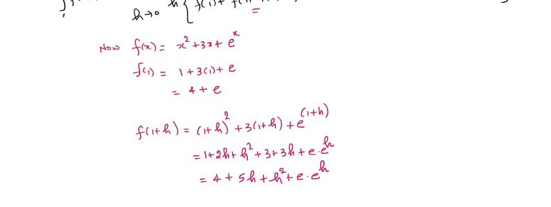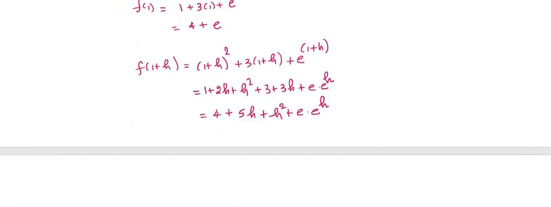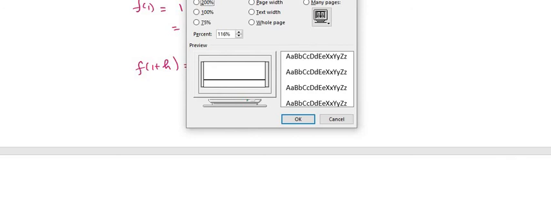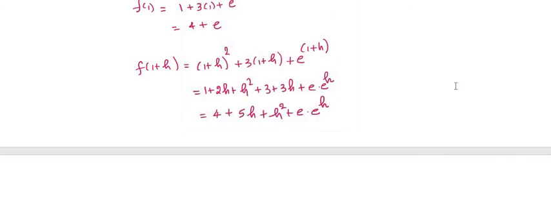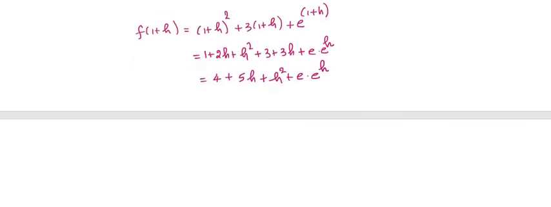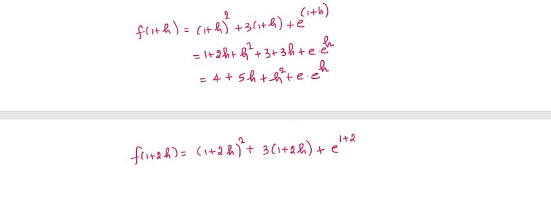Next is f of 1 plus 2h. If I find the three terms, you can observe the pattern easily. f of 1 plus 2h is (1 plus 2h) the whole square plus 3 into (1 plus 2h) plus e power 1 plus 2h.